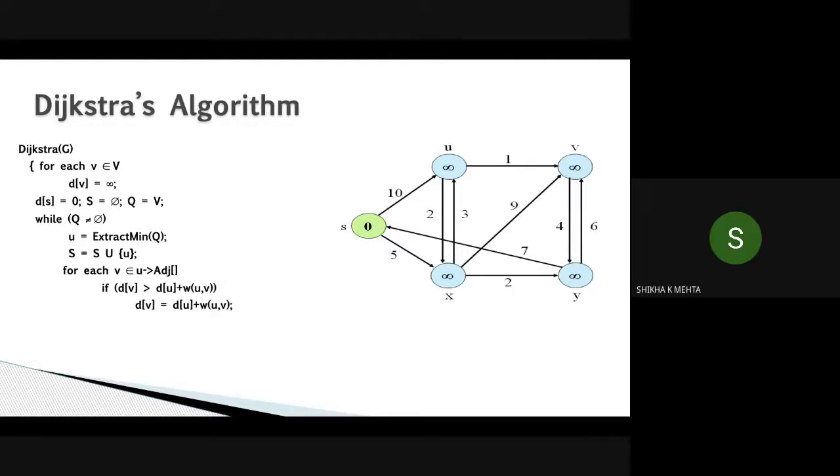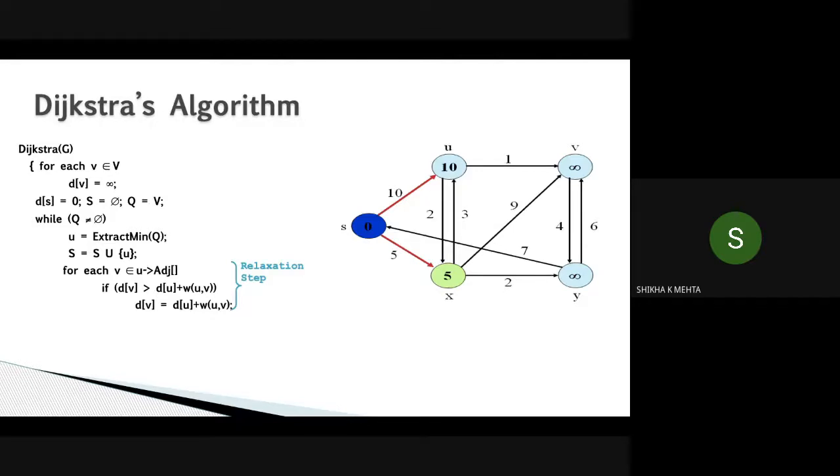After that, from here we see what are the directly connected vertices from S. S is directly connected to U and S is directly connected to X, and the weight of S to U is 10 and S to X is 5. So we assign these values to these connected vertices.